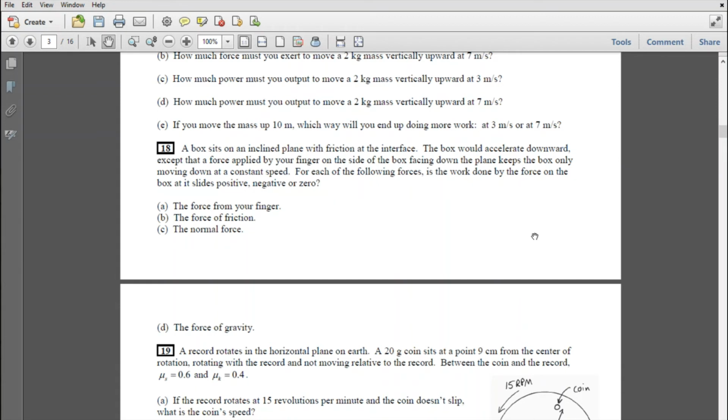18. A box sits on an inclined plane with friction at the interface. The box would accelerate downward except for the force applied by your finger on the side of the box facing down the plane, which keeps the box moving at only a constant speed.